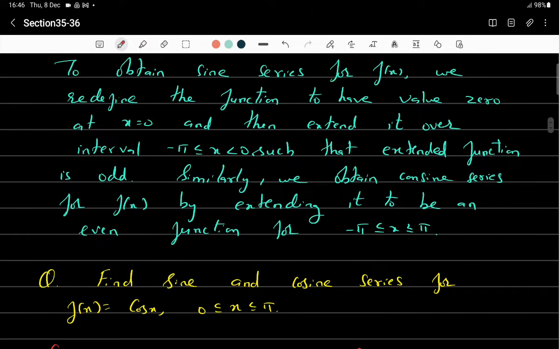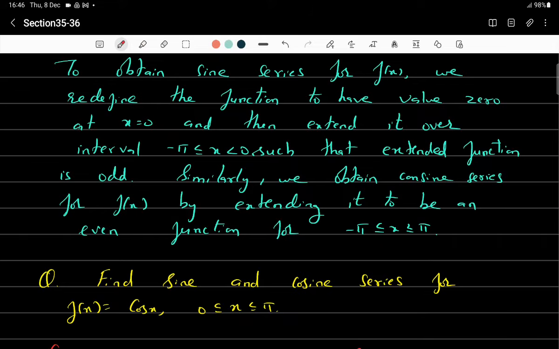Let's see an example. Find the sine and cosine series for f of x is equal to cos x, where x belongs to 0 to pi. Now f of x is equal to cos x, it's an even function. So if I extend it over minus pi to 0, I keep it as cos x, so it remains even.